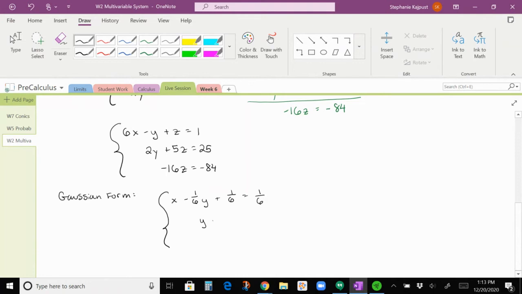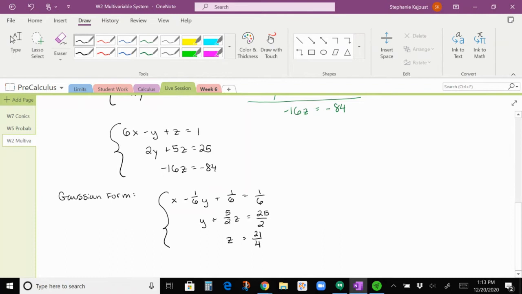The second equation by 2. And then the third equation by a negative 16. And actually negative 84 divided by negative 16 comes out to a fraction. So that actually is, if I get it in the right form, 21 over 4.